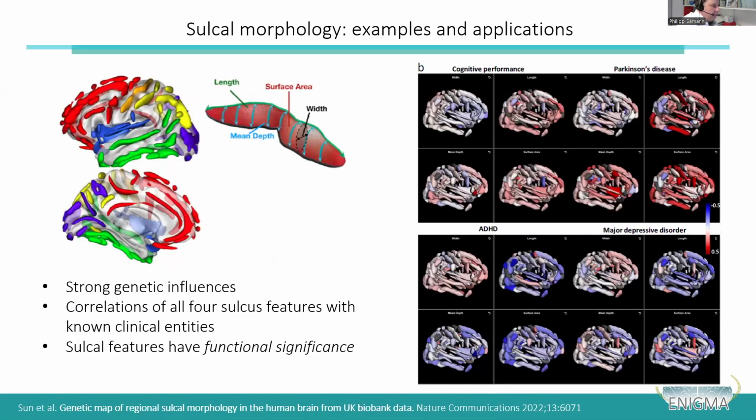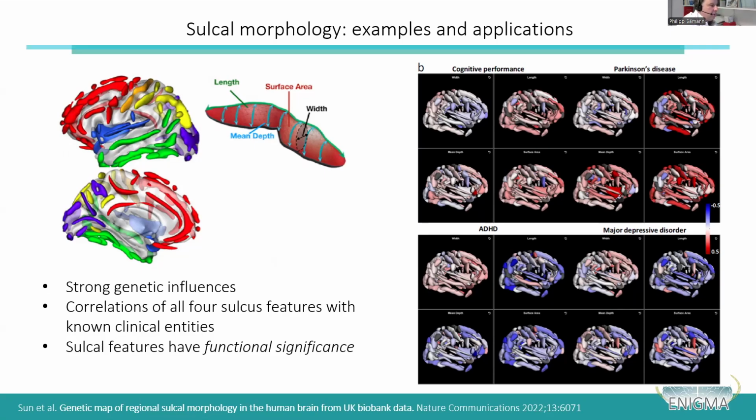This principle has been taken to much higher numbers in this publication, where UK Biobank data were used to reconstruct all known sulci of the brain, and also extracting length, surface area, width, and mean depth as the main metrics.